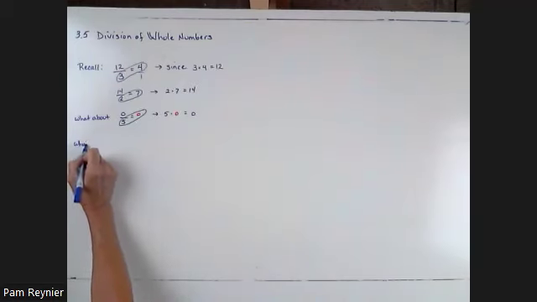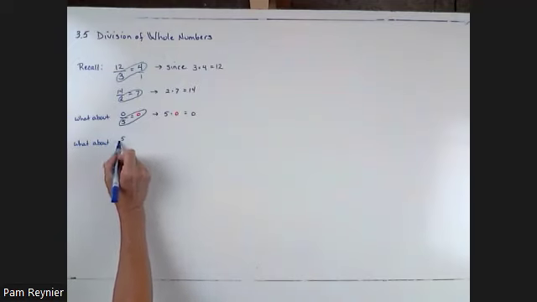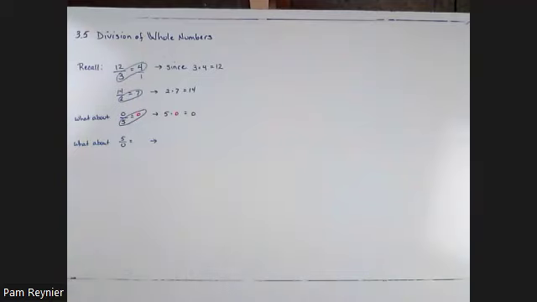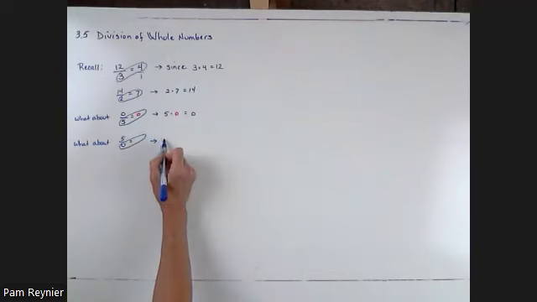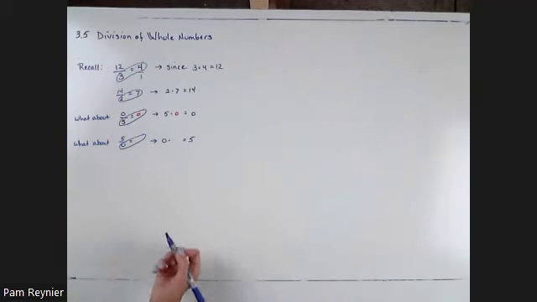So following this, what about 5 divided by 0? When in doubt, write it out. This is the same as saying 0 times what number gives you 5? Well, can we multiply 0 by a number and get a number other than 0?